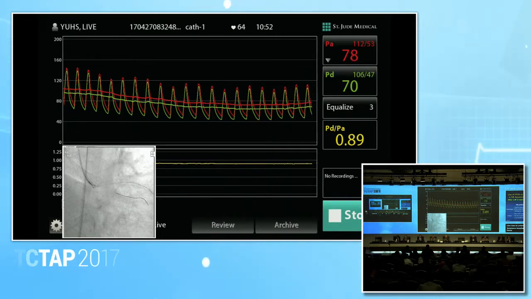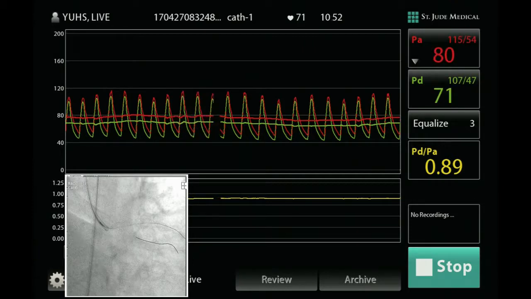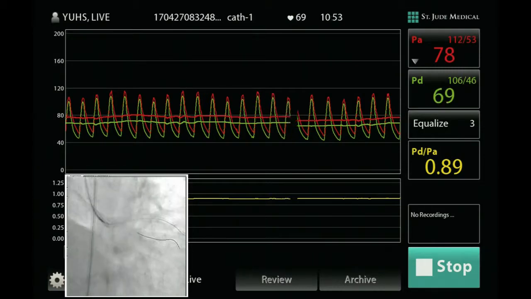Actually, this is a double dose of the usual IV adenosine. I think now pull back. Do you need the pullback? Yeah, pull back and check equalization at the guiding tip.